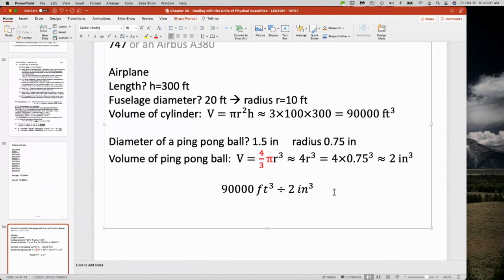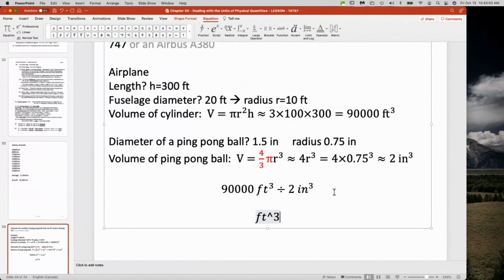Do you remember that when you want to go from feet cubed to inches cubed, you have to multiply by 12 cubed? So 12 cubed, try not to use a calculator here. 12 times 12 is 144, times 12 is about 1,700. I'm just going to estimate that as 1,500. I really do not want to cheat here because then I'm not doing you a service.